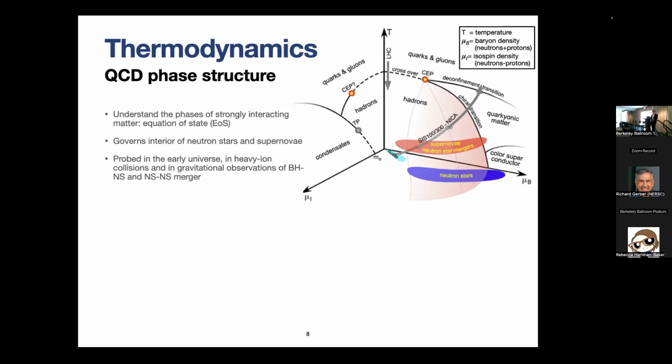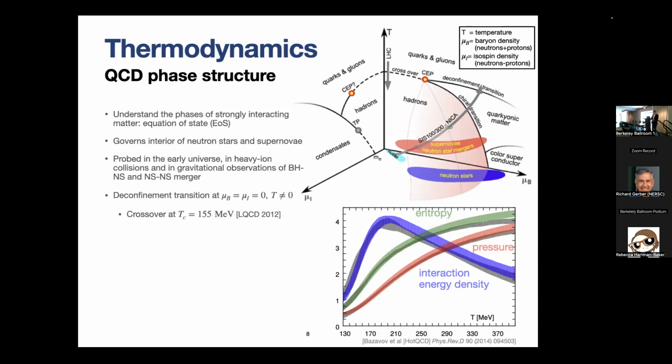So in order to understand these systems, we really want to probe this diagram. Experimentally and observationally, we get access to this through heavy ion experiments, and more recently through gravitational wave observations of neutron star mergers, for example. On the theory side, one thing we've learned over the last decade and a bit is really what's going on along this axis of zero density, so as a function of temperature.